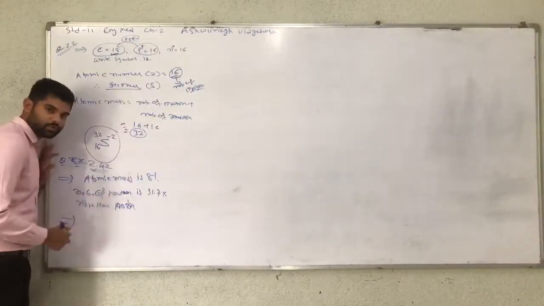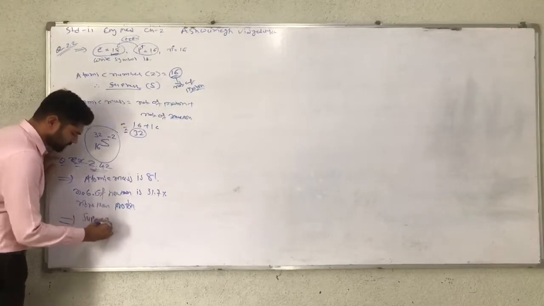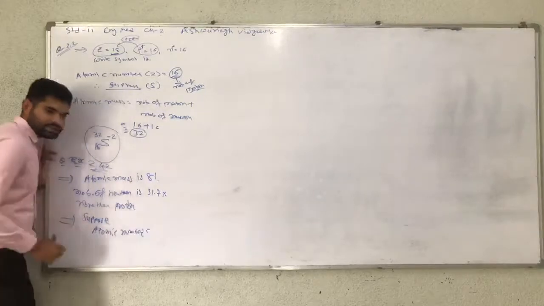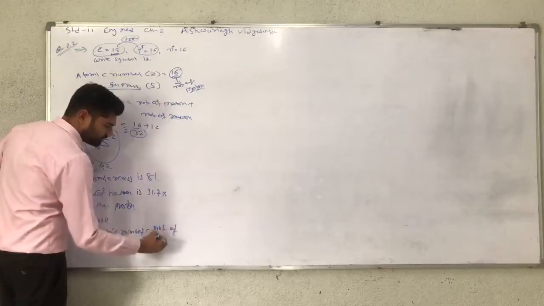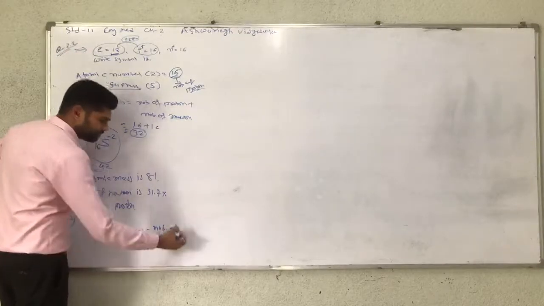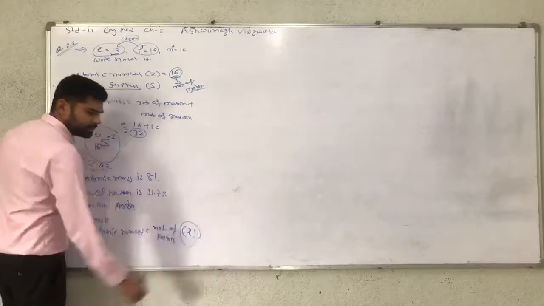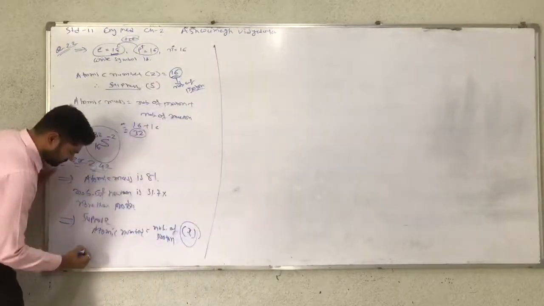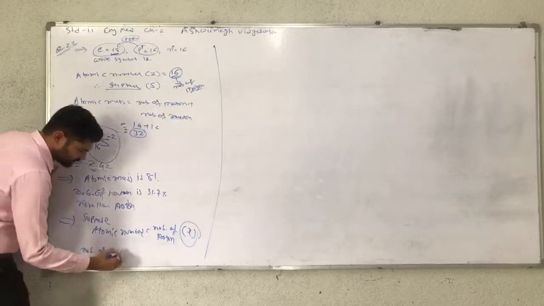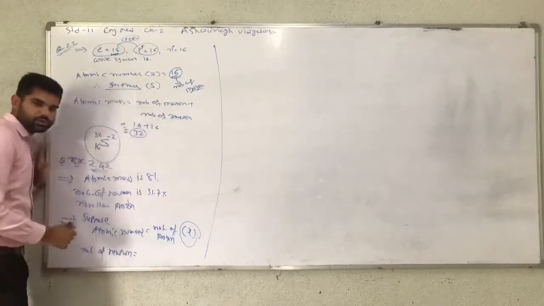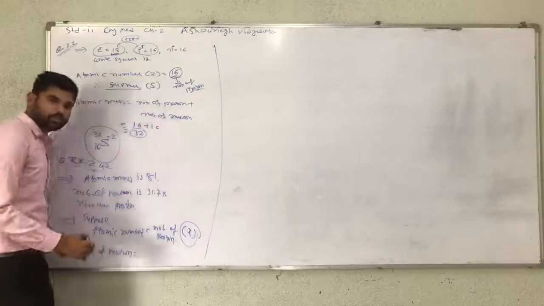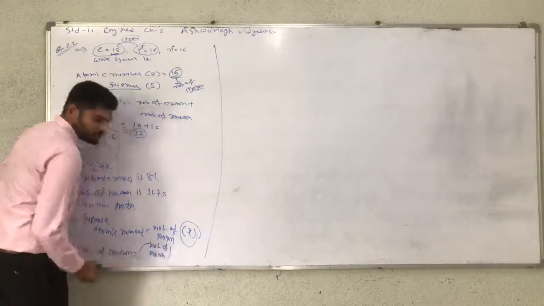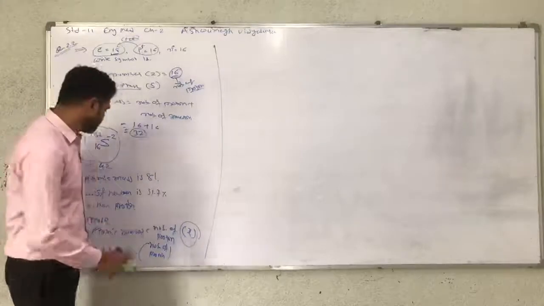Because we don't know the number of protons, suppose the atomic number, which is the number of protons, is taken as X. Now the number of neutrons is related to the number of protons.